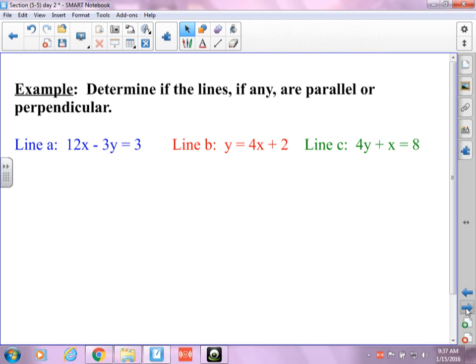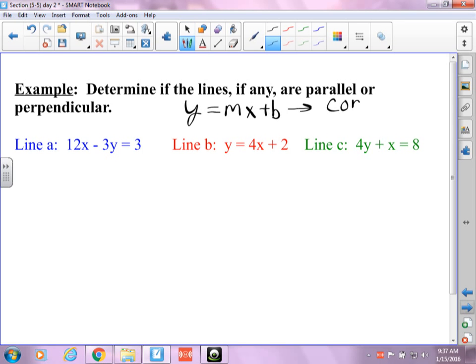That's correct. I need to take these equations and put them in y equals mx plus b form, and then I compare m. So I compare the slopes, is what I do. So how do I get the first line in slope-intercept form? Do I divide by -3 right away?